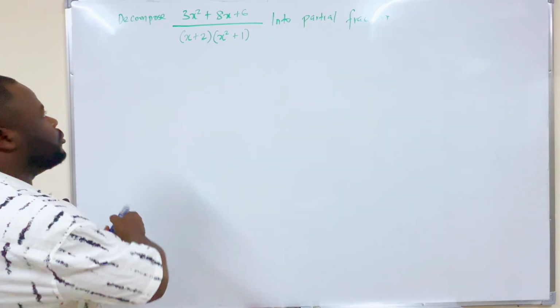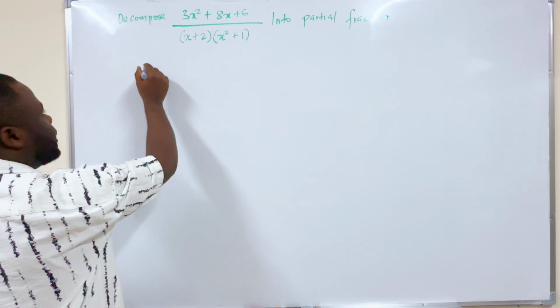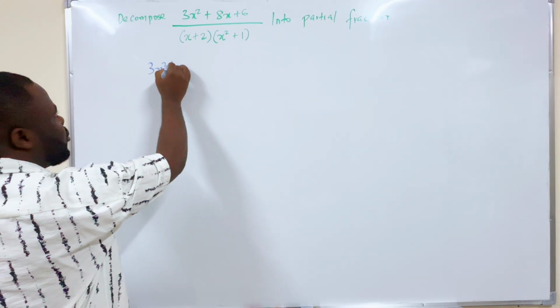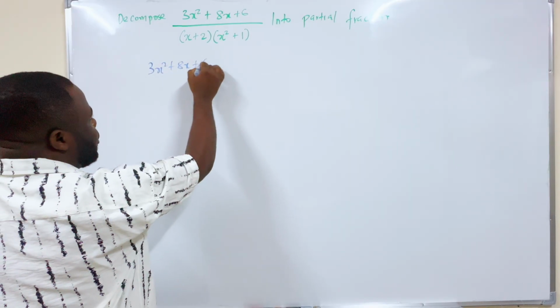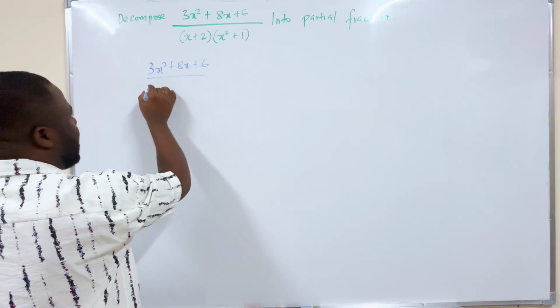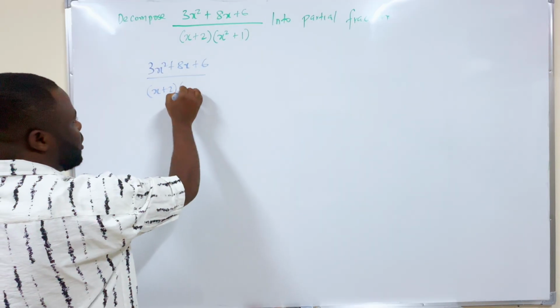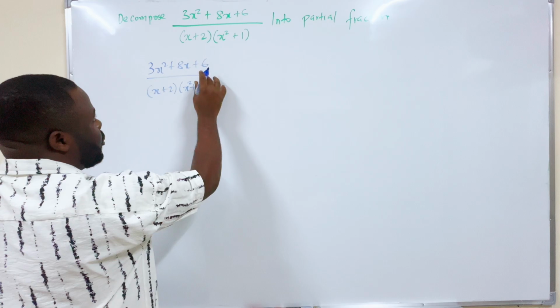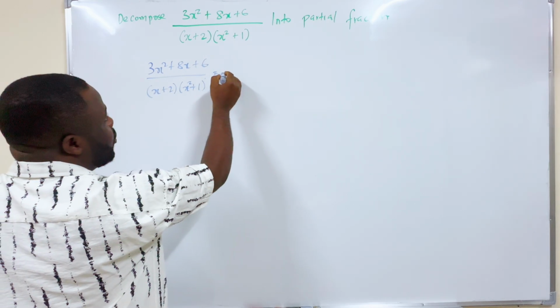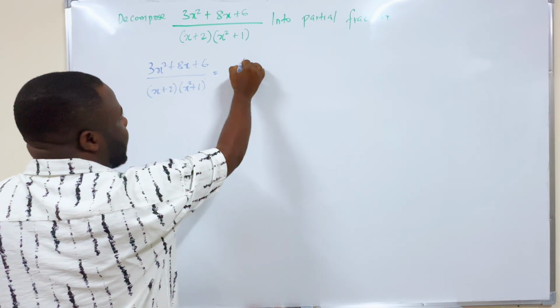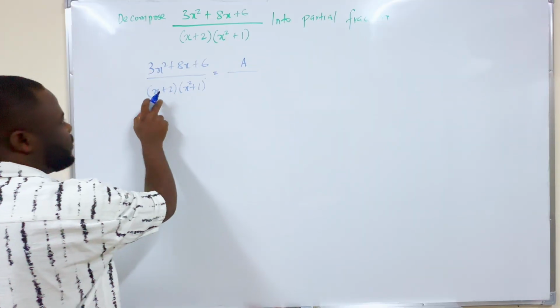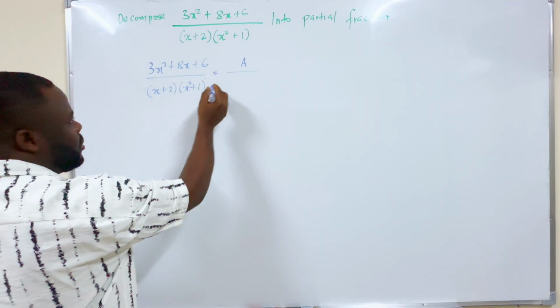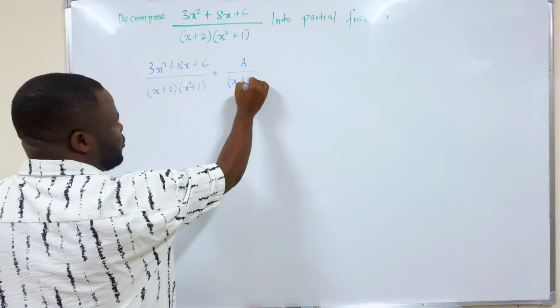If you want to do that, you will say that (3x^2 + 8x + 6) / ((x + 2)(x^2 + 1)) equals A for this first factor, so we have x + 2.